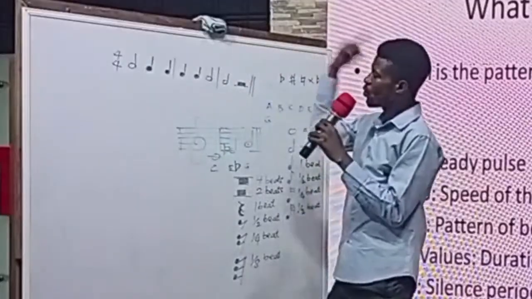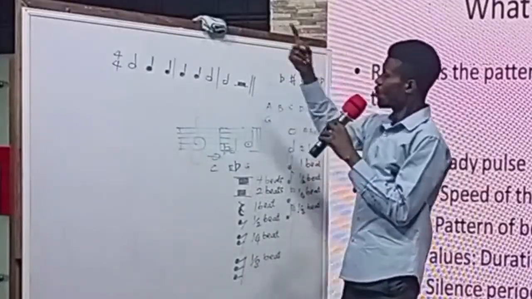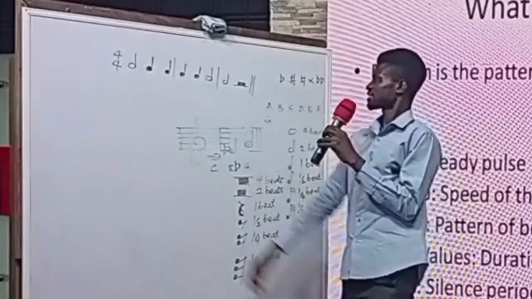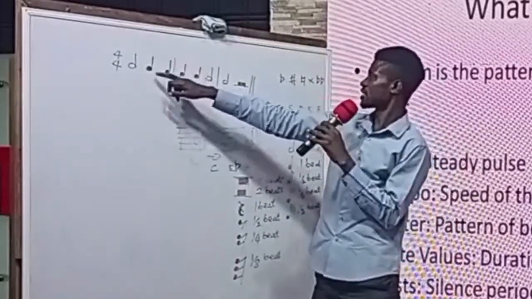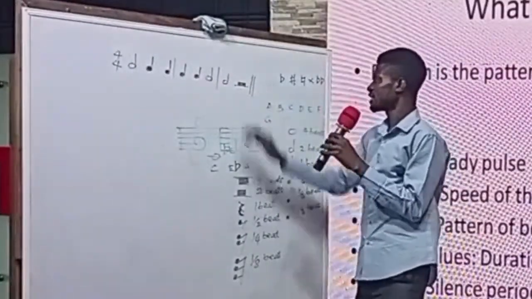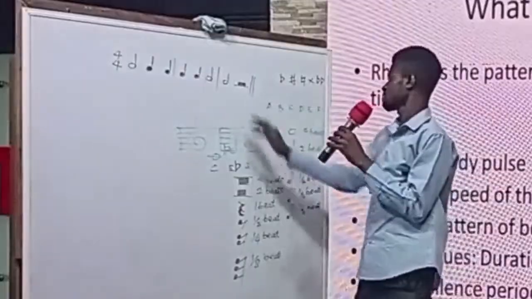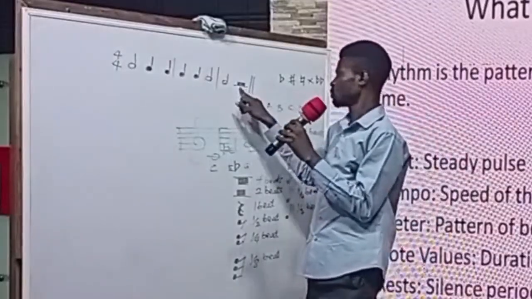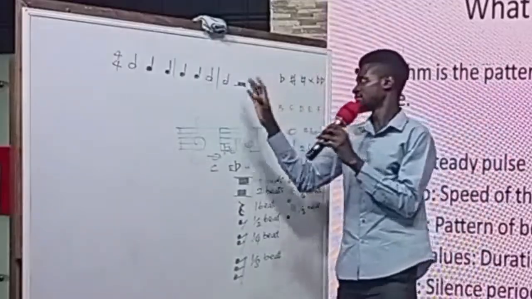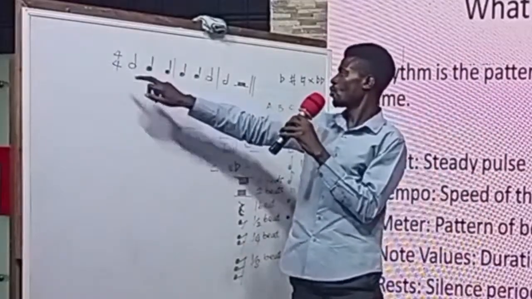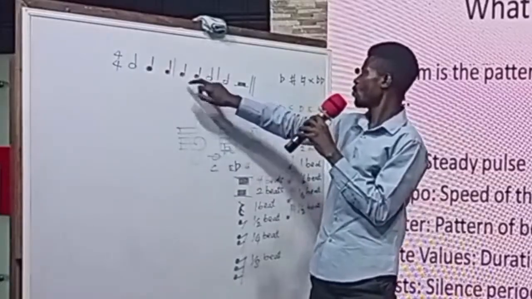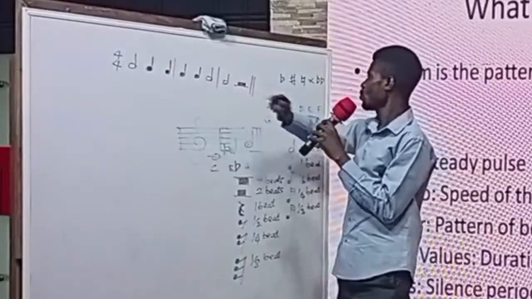Meaning that I have a sound here, a sound here, a sound here: 1, 2, 3, 4, 5, 6, 7 sounds. And then I have the last symbol here, which is not a note but a rest. So I counted 2 beats of silence here. Again, I repeat.